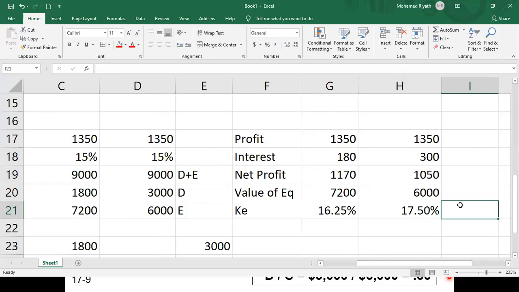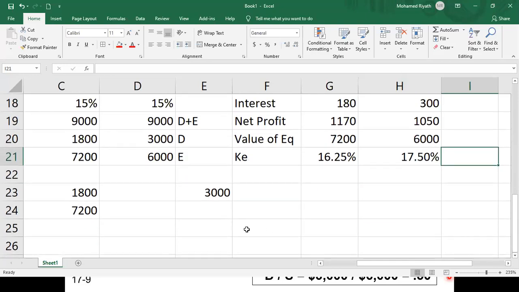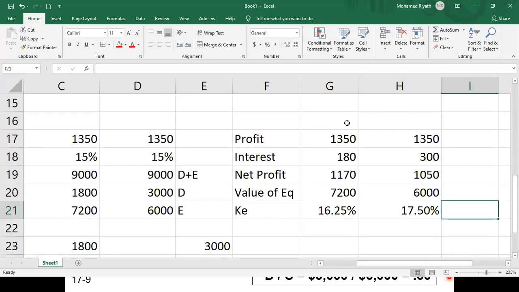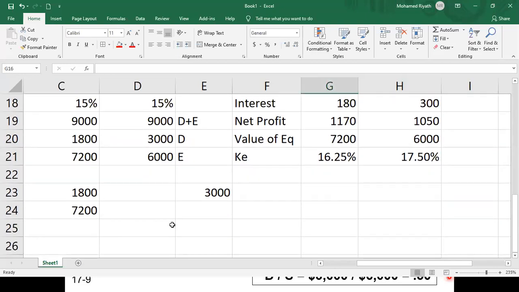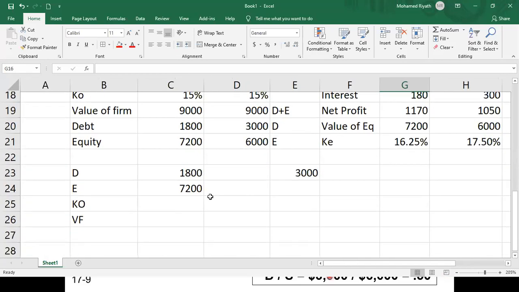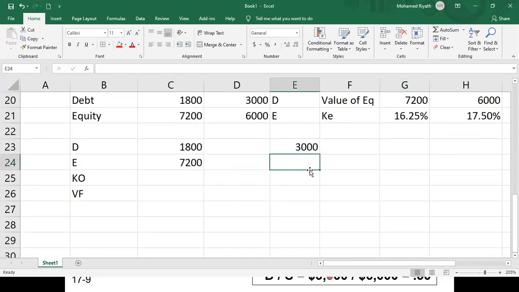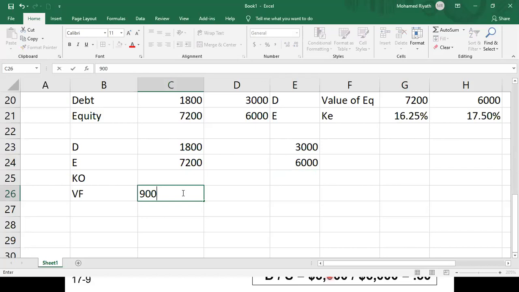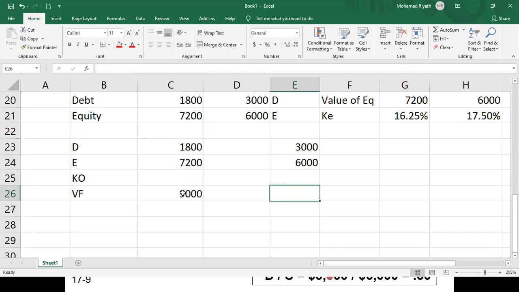Okay. So you can observe that when debt is 3,000, then equity is 6,000. The value of the firm earlier was 9,000, and here also 9,000.